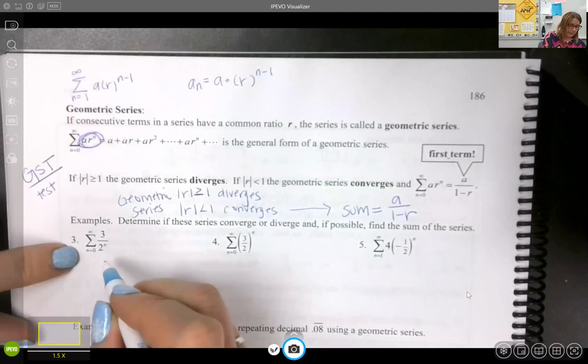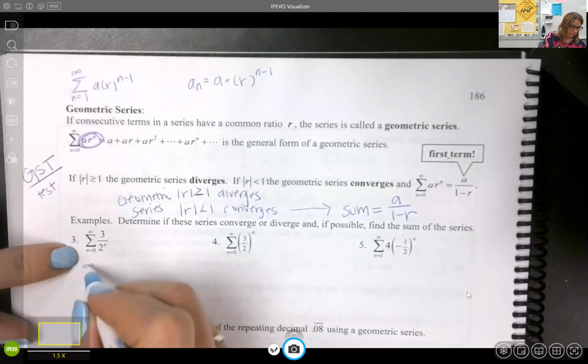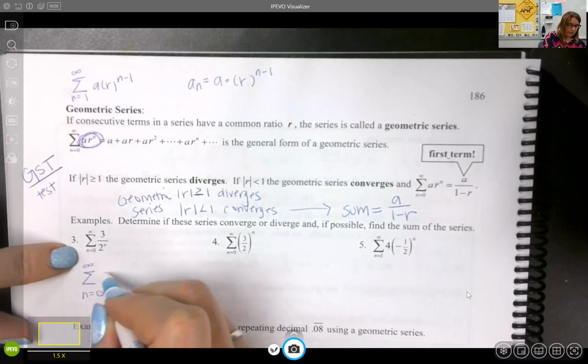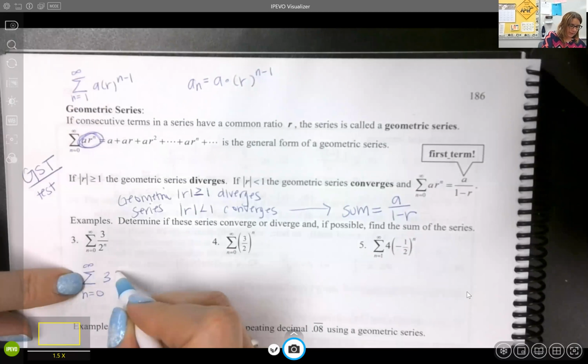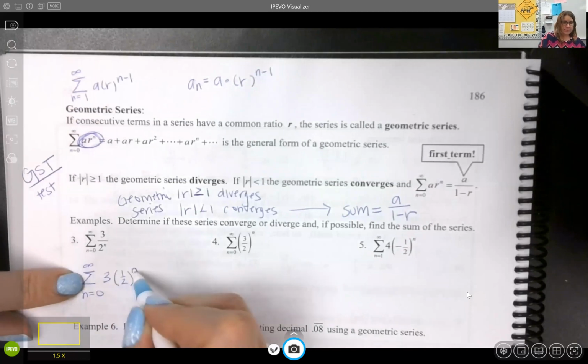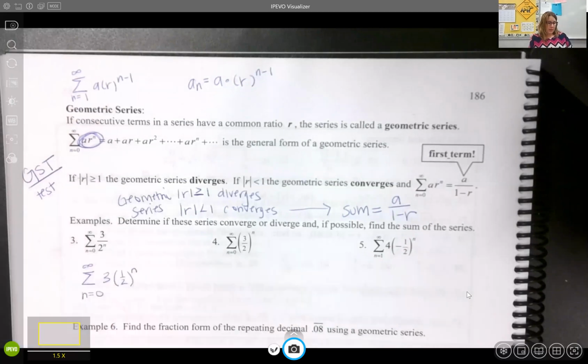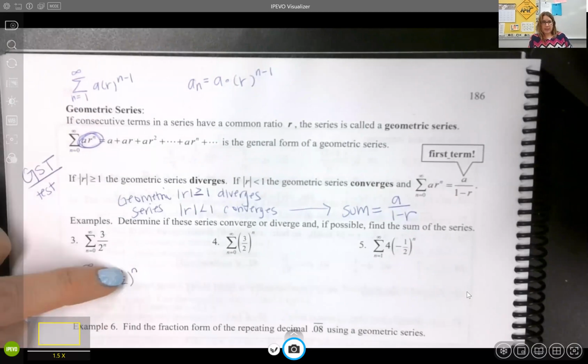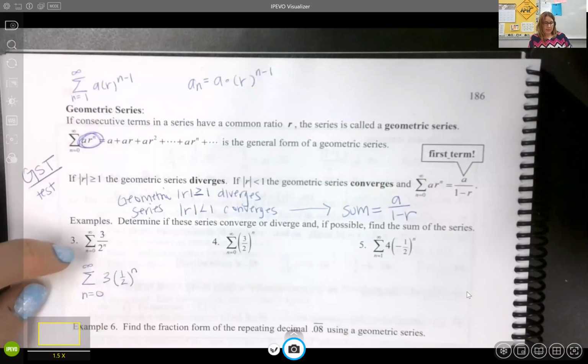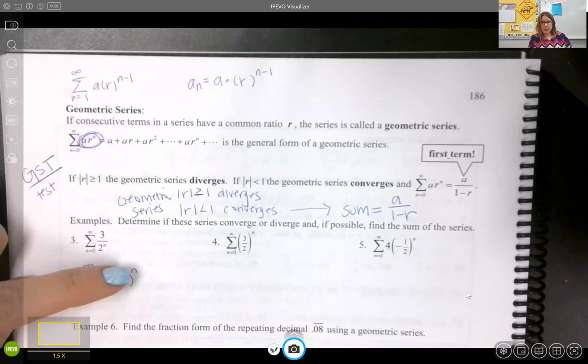So if I did this, I could do the 3 right here, and then 1/2 to the n. Okay, so this is the same as this because 1 to the n still stays 1. So I can put the 1/2 all the way to the n.